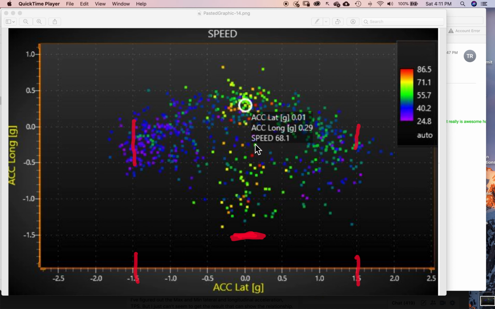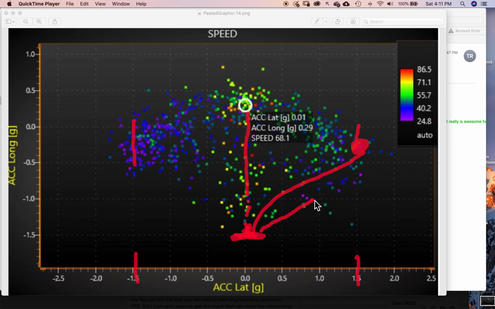What generally happens in the data is that when a driver goes to the brakes here, and when they're coming off the brakes to transition to maximum lateral load, the curve looks like this.